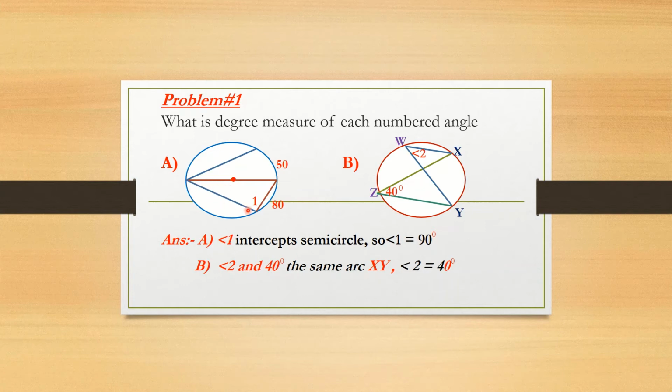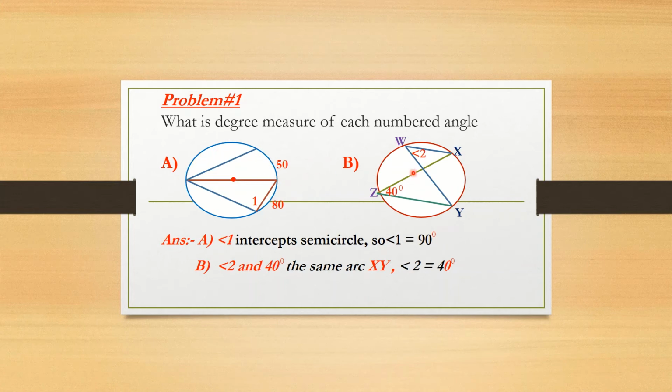Angle 1 is intercepting a semicircle, and the measure of a semicircle is 180. So in the previous concept, the inscribed angle intercepting the semicircle is 90 degrees. So angle 1 is equal to 90, half of 180.